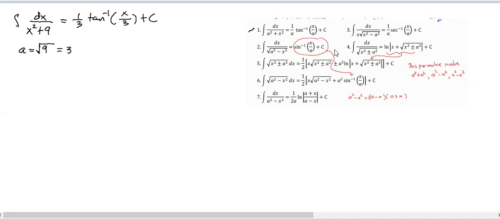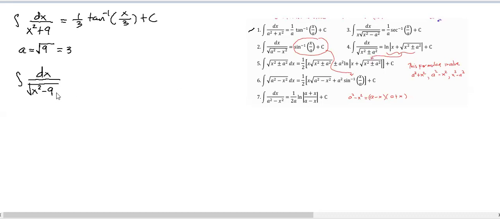What if nasa ilalim, may square root siya, dx over the square root of x squared minus, let's say 9. So we're looking at number 4, dx over the square root of x squared minus a squared.